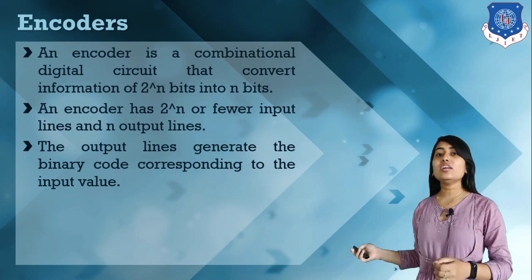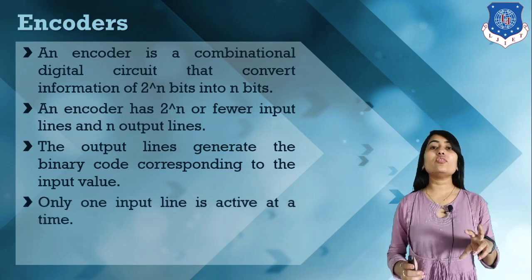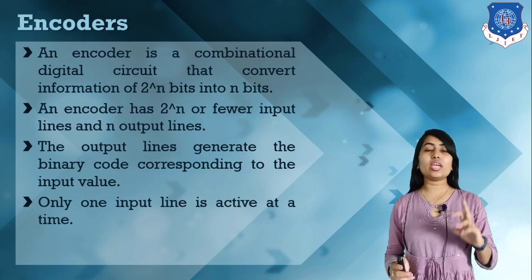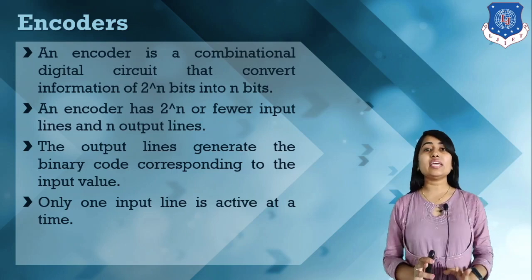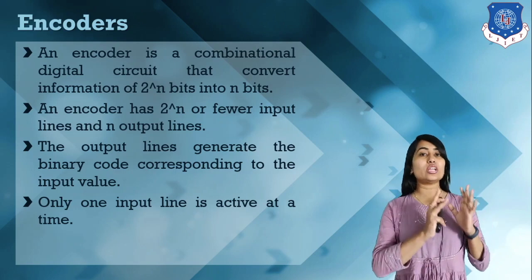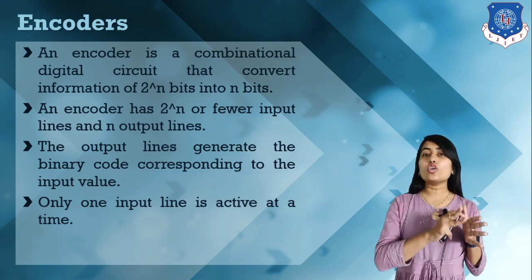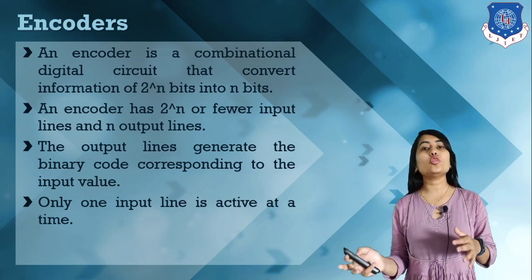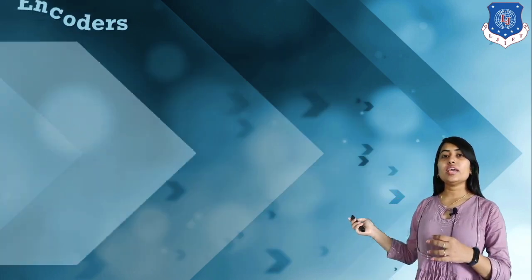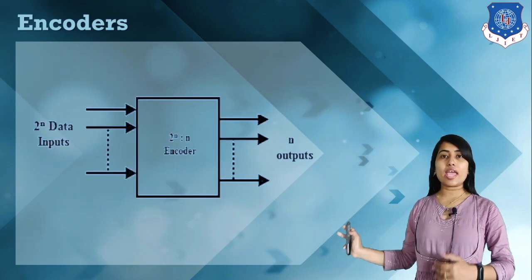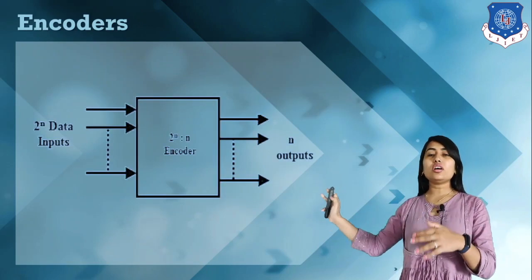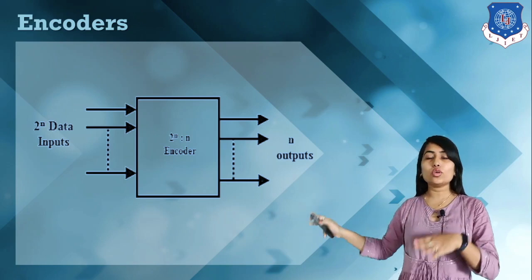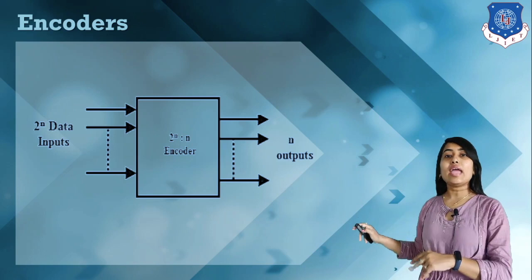Here in an encoder we have only one input high at a time, and according to that active input line we get the output accordingly. Here we have the basic block diagram of an encoder. In an encoder we have 2 raised to n input lines, and these 2 raised to n input lines are encoded into n output lines.